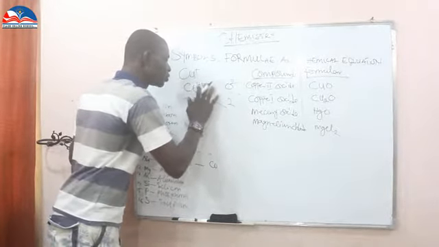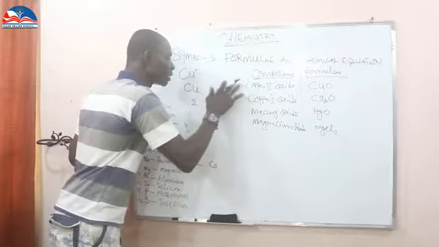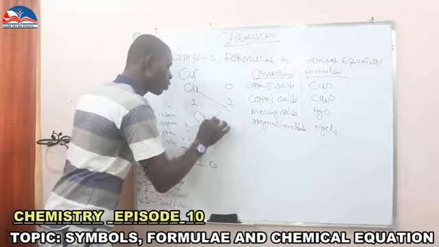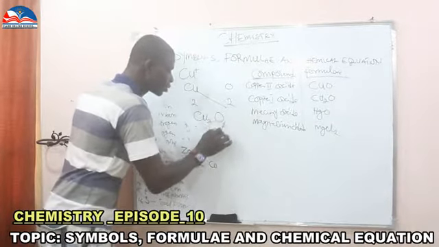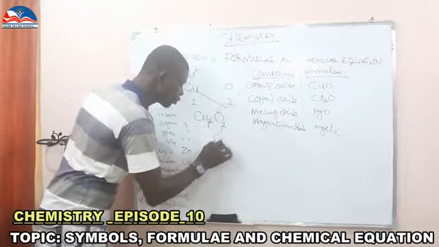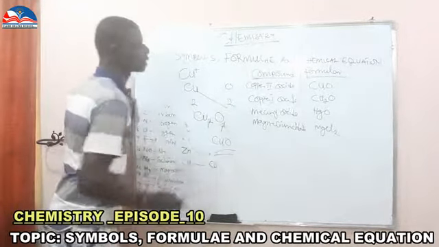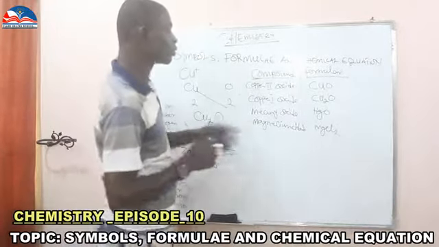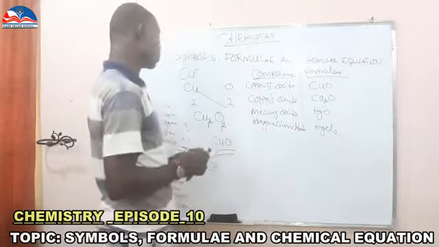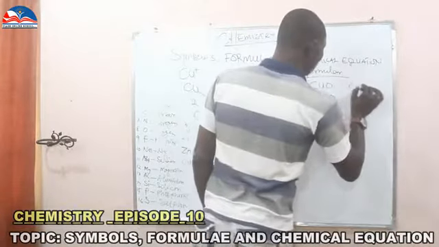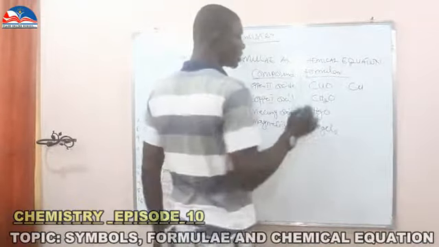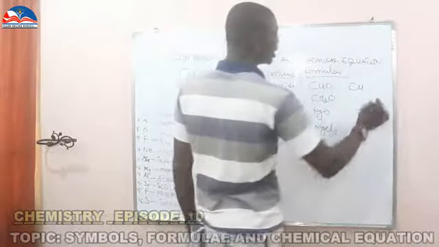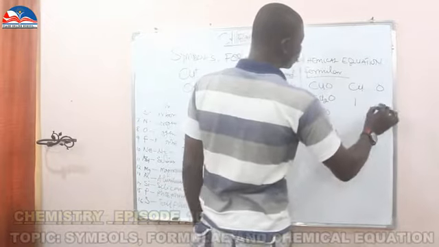If I cross these two elements, I'm going to have Cu2O2. Cancel this, I'm going to have CuO, copper 2 oxide. That is what it means, copper 2 oxide. Likewise, when you go to copper 1 oxide, you will still use the format of copper 1. Since they call it copper 1 oxide, it means that it has 1 valency or 1 radical, positive. Then I also have oxygen with 2.